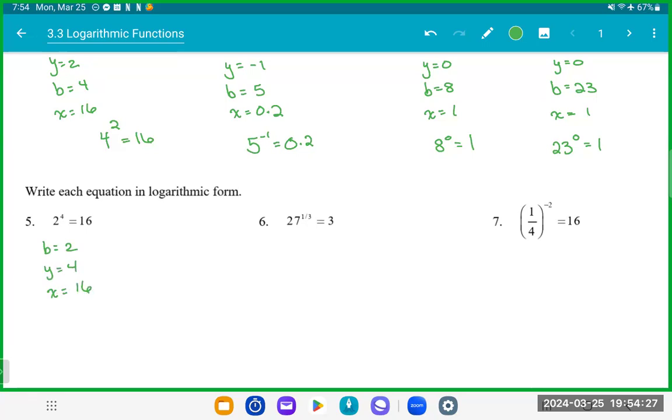So we put that into log form: log base b, so b is 2, of x, which is 16, is equal to y, which is 4.